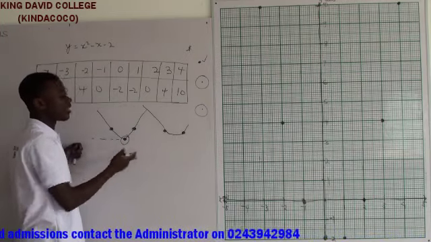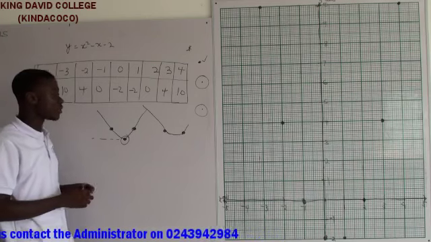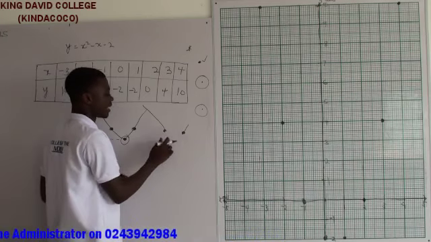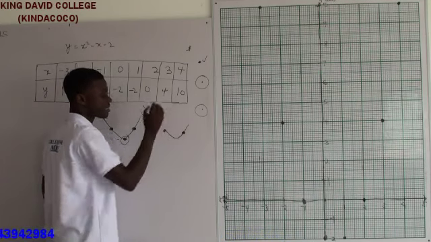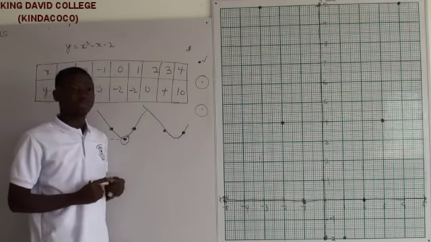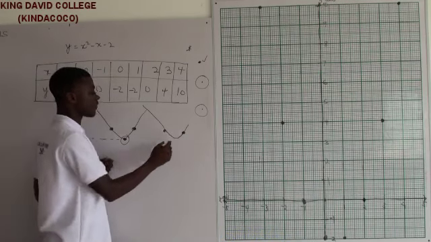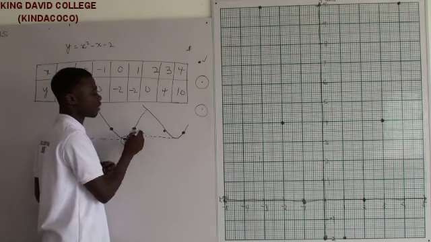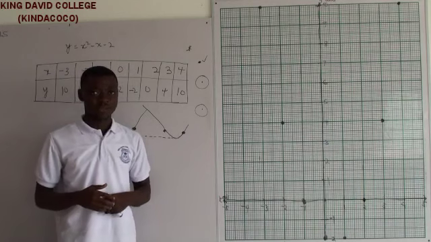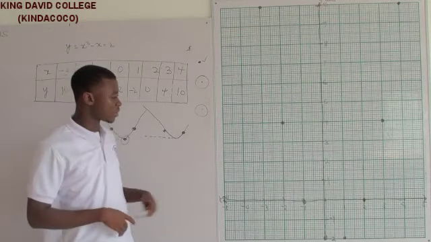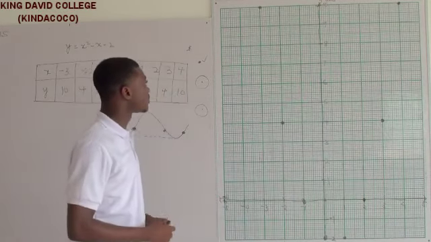You have several minimum values. So you must always curve it such a way that it should be able to make sense like this. Okay, it should make sense, a lot of sense. So that if I'm looking for the minimum value, I can only trace it to my y-axis. Okay, so good. So this one here, we have that.